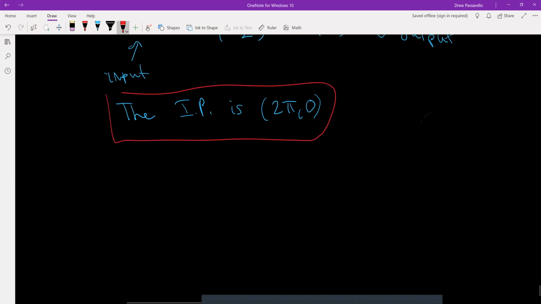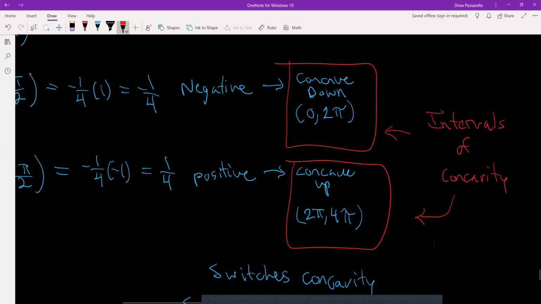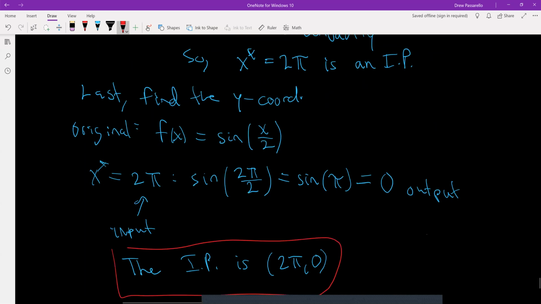All right, so just to summarize, the intervals of concavity were 0 to 2 pi, concave down, and then concave up from 2 pi to 4 pi.